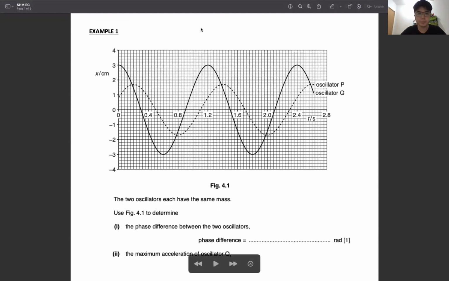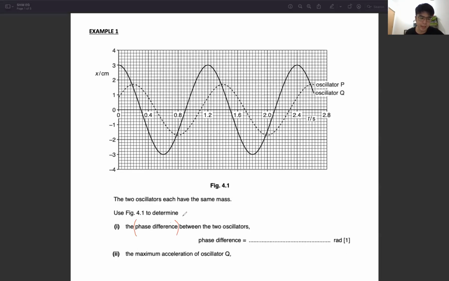Example 1. Here on the graph, there are 2 oscillators, oscillator P and oscillator Q, that are vibrating. They have the same mass. And we want to find the phase difference between the 2 oscillators.